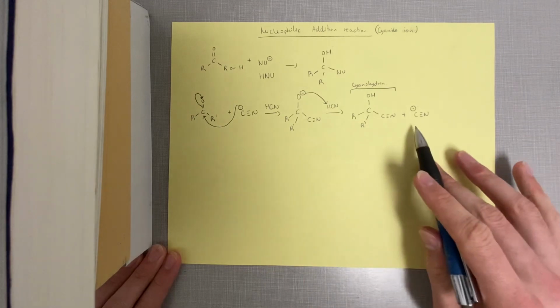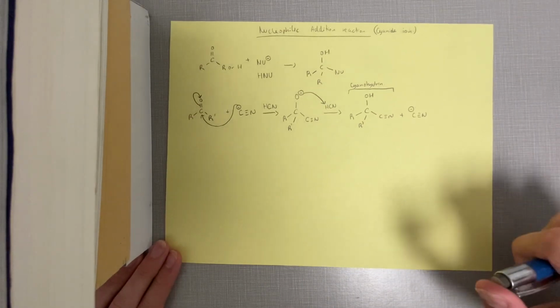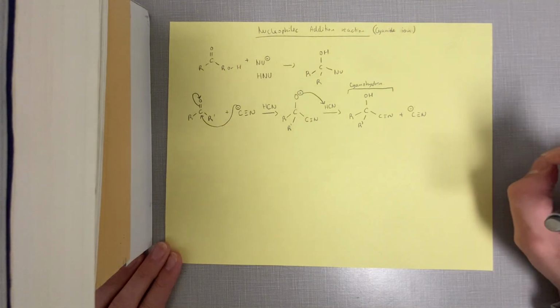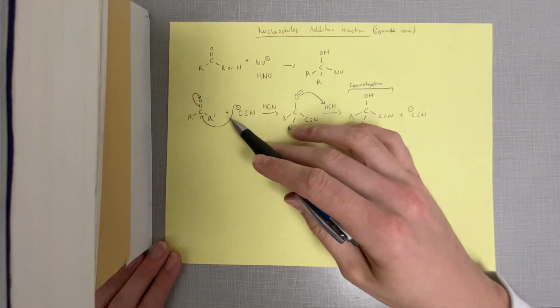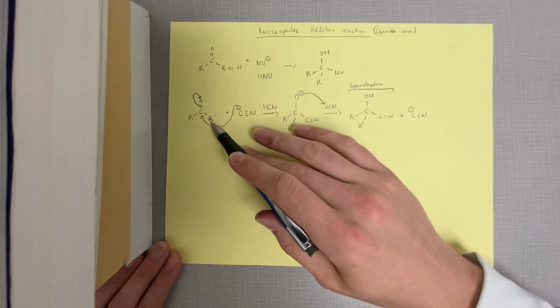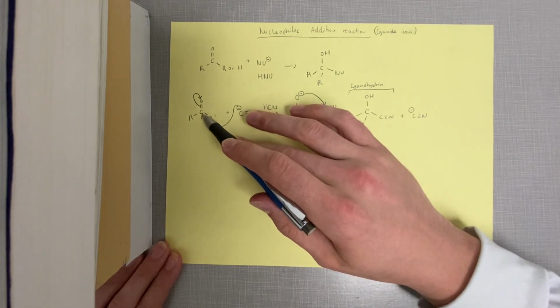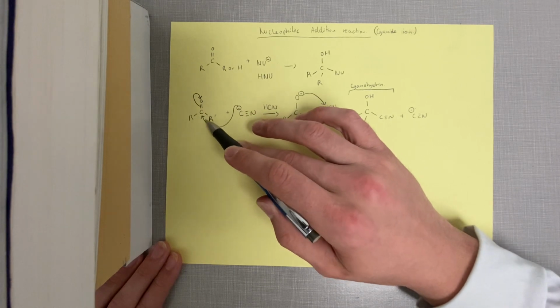So this is a pretty simple mechanism, but it can be confusing with other types of reactions, whether it's addition, elimination, or electrophilic addition. What is very important here is to locate what your electrophile is and then look at your leaving group.